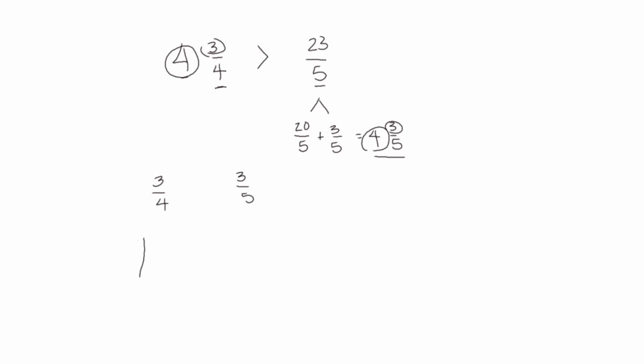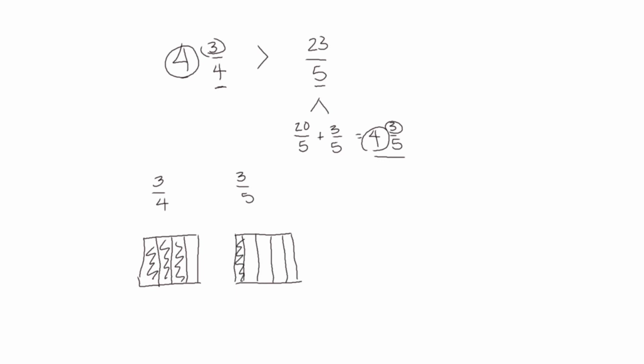So we could show 3/4 in an area model. And we could show 3/5. And now we could, as we've done before, multiply the two denominators together to get 20.